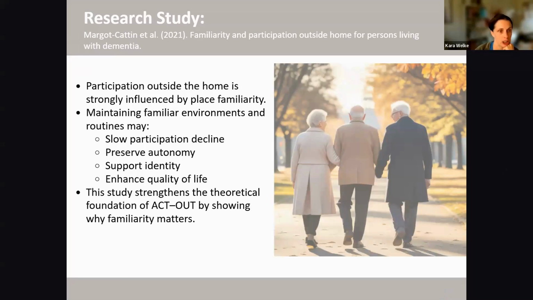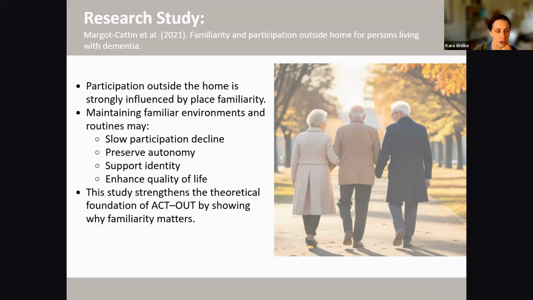This is just more information about that study. Maintaining familiar environments and routines may slow participation decline, preserve autonomy, support identity, and enhance quality of life.